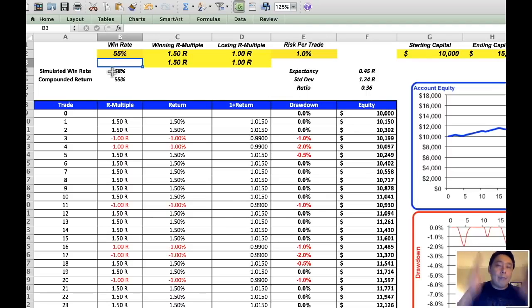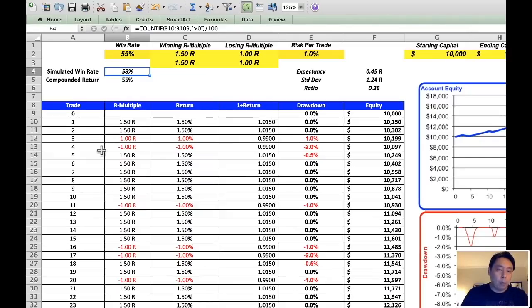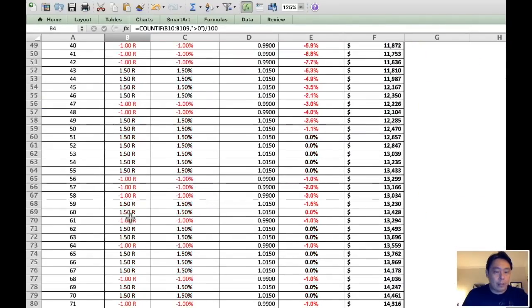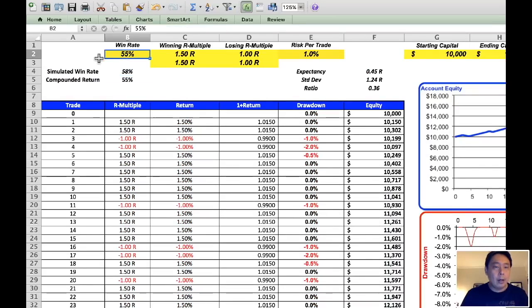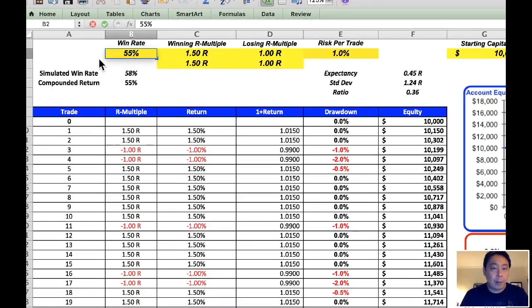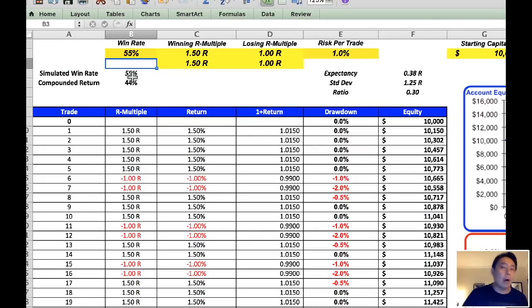But if I toss it 100 times, I don't always get 50 heads and 50 tails. Sometimes I may get 60 heads and 40 tails, or 40 heads and 60 tails. So every 100 times, there's always a difference depending on the luck factor, randomness. So this accounts for the random win rate over 100 trades, as you can see. Every time you trade 100 trades and your strategy has a 55% win rate, you will get a different result depending on the randomness. Does it make sense? Okay, great.